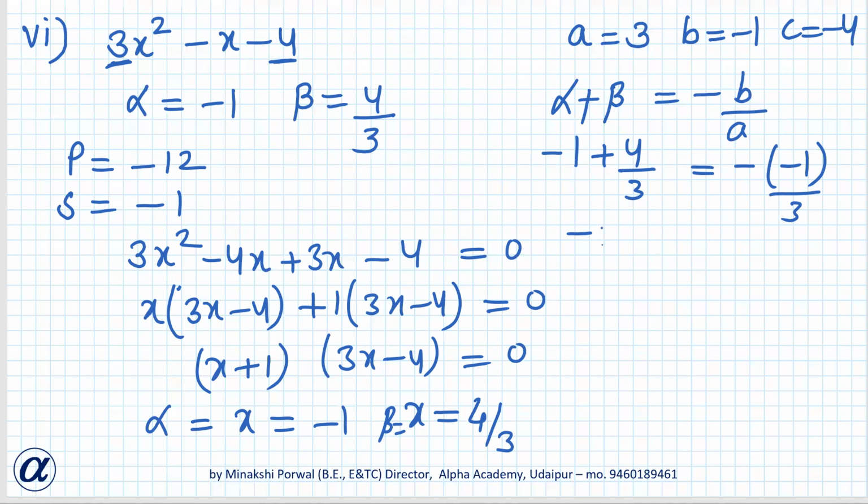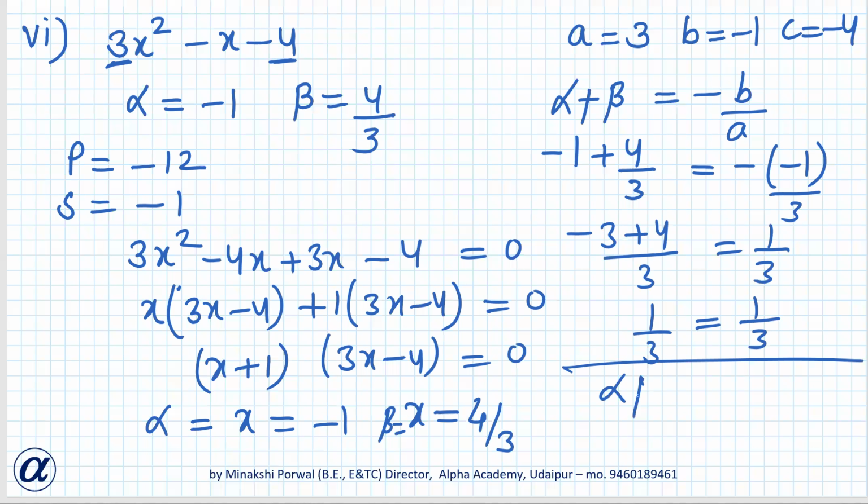So, it is minus 3 plus 4 by 3, that is equal to 1 by 3, and 1 by 3 equals 1 by 3. So, the first one is verified. Next one, alpha into beta equals c by a. That is minus 1 into 4 by 3, which is equal to minus 4 upon 3. So this is also verified. Okay. So this is all about this part.